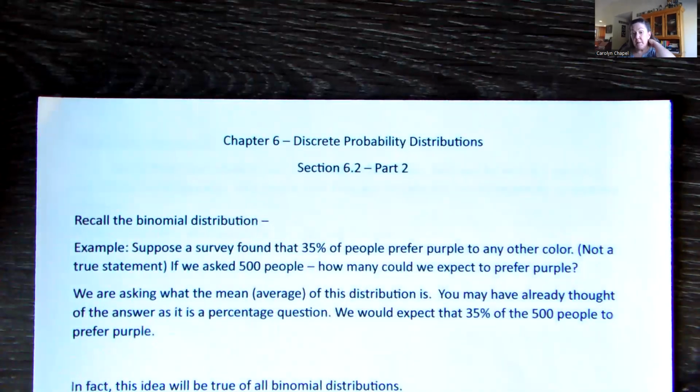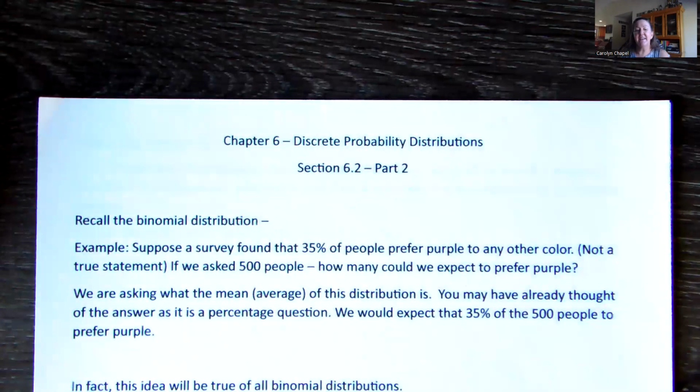First of all, this is a binomial because we have 500 independent people. Again, I didn't write the words in there, but assume that we had a random sample of 500 people. So they would be independent. We have a fixed number of trials, 500, and so forth.